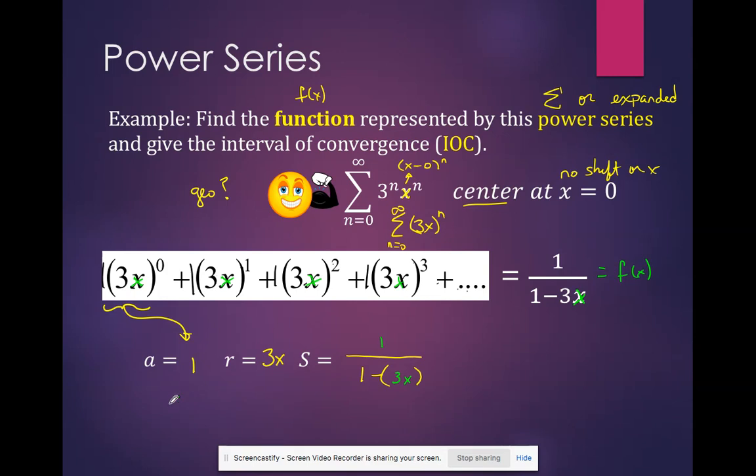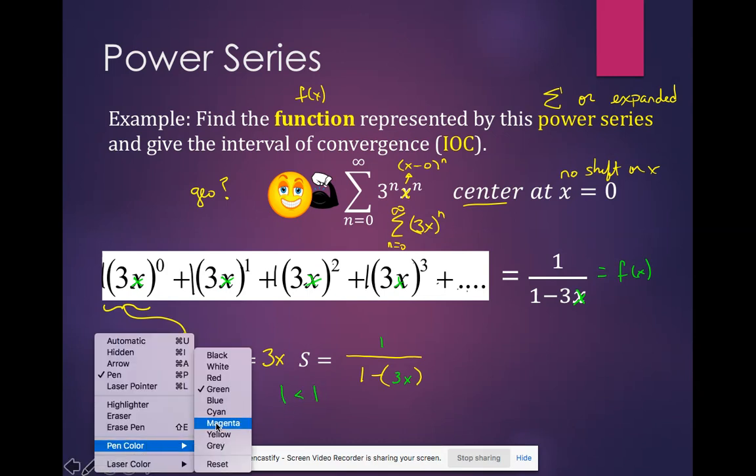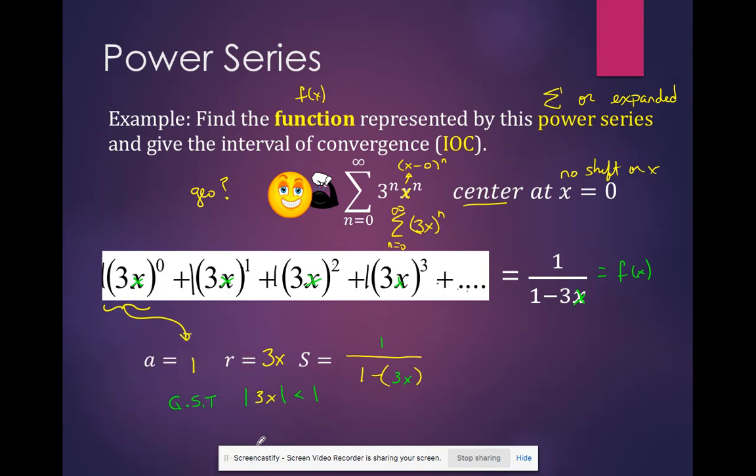By the geometric series test, the condition you must meet is that your common ratio be between negative 1 and 1, so x must be between negative 1/3 and 1/3, which of course you can write like this. Doesn't matter. That is the interval of convergence.